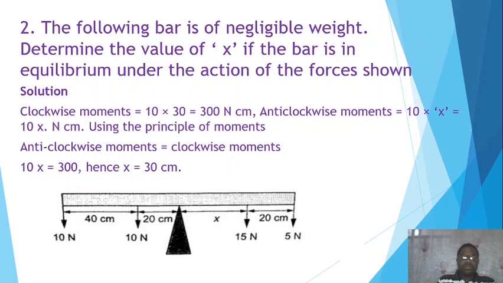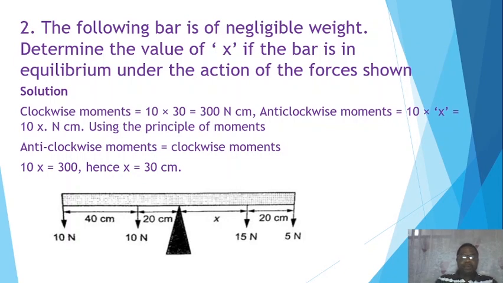We have 10 Newton acting at a distance of 60 cm from the left, 10 Newton acting at a distance of 20 cm from the left, 15 Newton acting at a distance of x cm from the right, then 5 Newton acting at a distance of x plus 20 cm from the right.